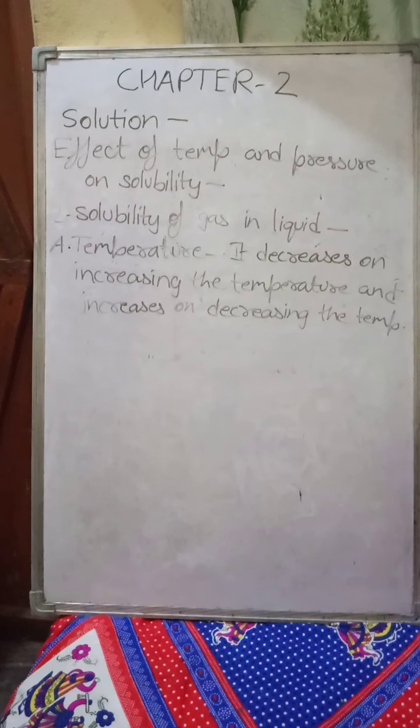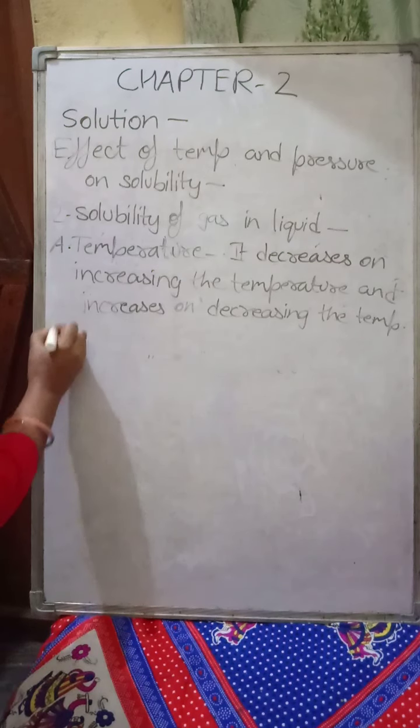One application of this effect is that during the summer season more fishes die in the pond. Why is such an example seen? Because in summer season, as the temperature increases, then the solubility of oxygen decreases in the water. As a result, the fishes feel difficulty in breathing, and therefore they die more during the summer season when the temperature increases.